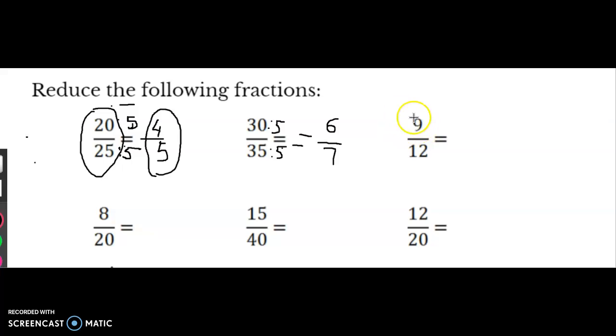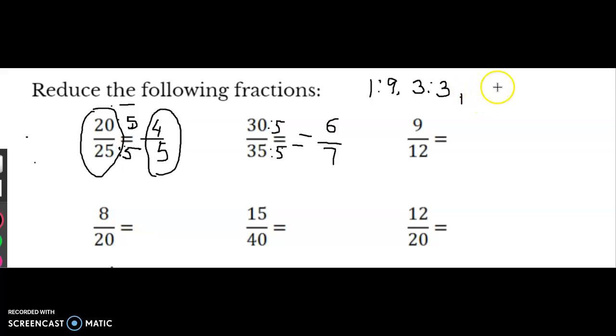Now let's go and find the greatest common factor for 9 and 12. So, and yeah, we'll start with 9. 9 divided by 1 is 9. By 2 we cannot divide. By 3, 9 divided by 3 is 3. 9 divided by 4 we cannot.